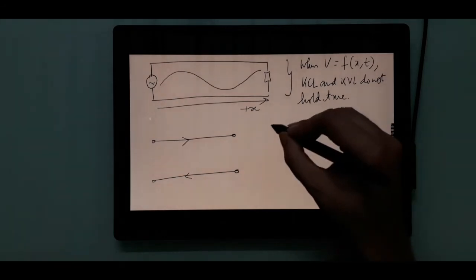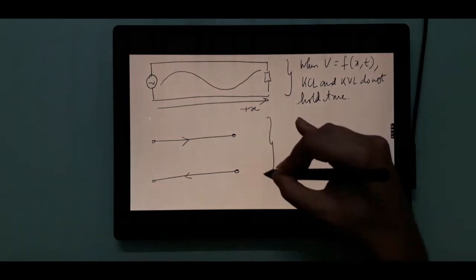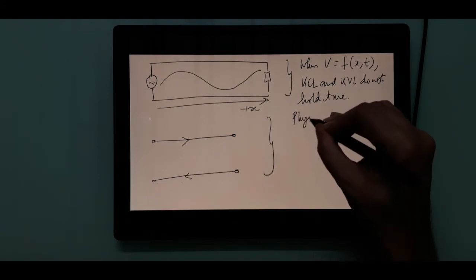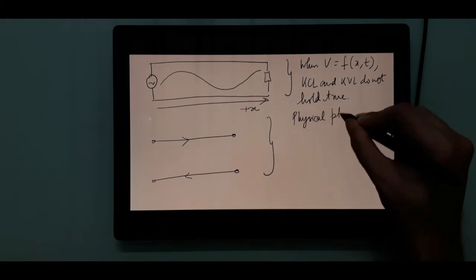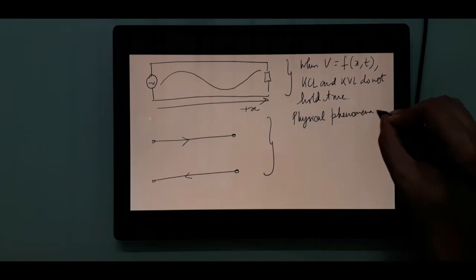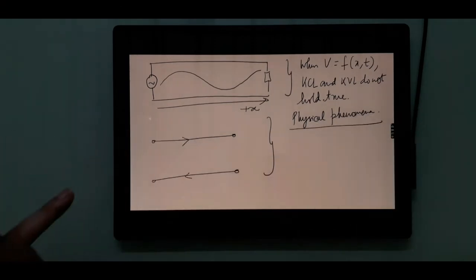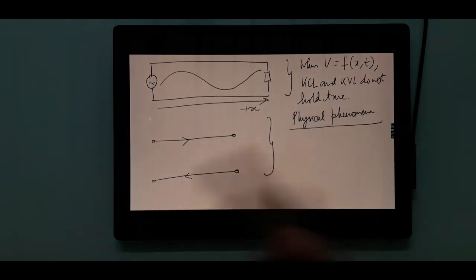Current flowing this way means some charges are flowing. These are conductors. In the ideal case, they will be very good conductors, so their resistance will be zero. But as we all know by now, no wire ever has zero resistance.